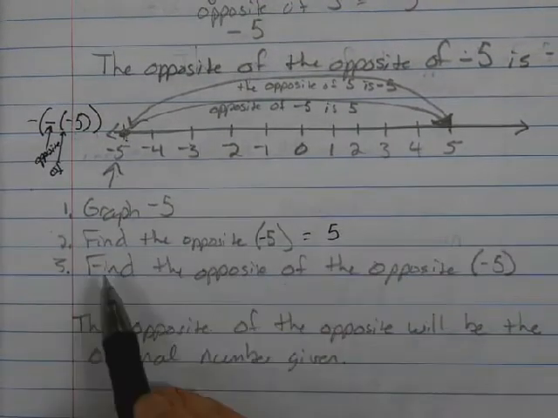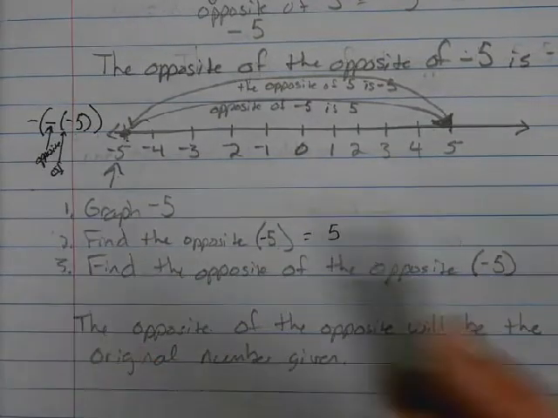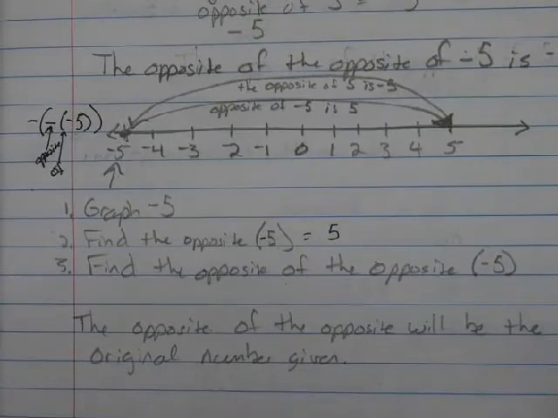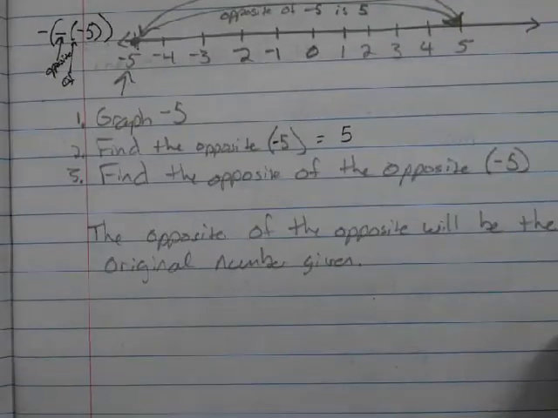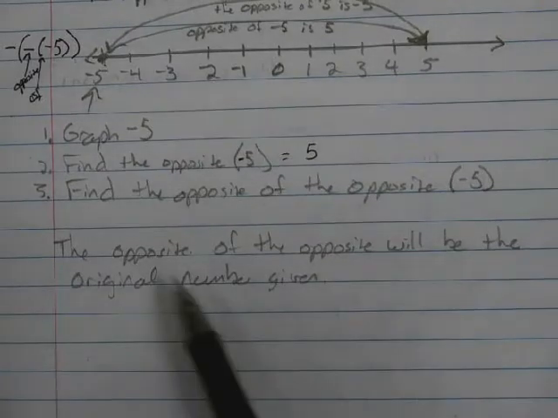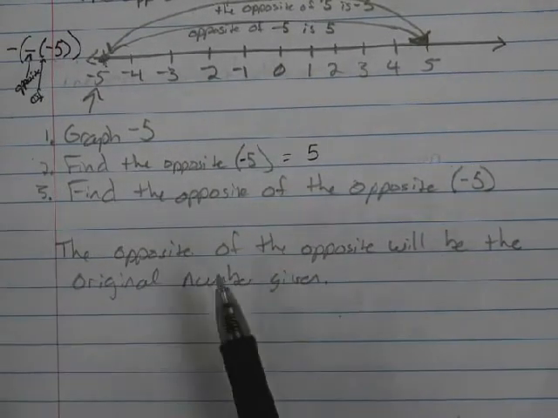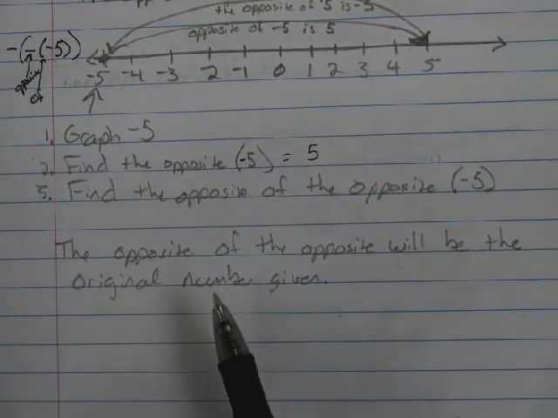So then we have to find the opposite of the opposite, which would then be negative 5 again. What you see here, and you need to remember, is that the opposite of the opposite will be the original number given. No matter whether it's positive or negative, opposite of the opposite just brings us right back to where we started.